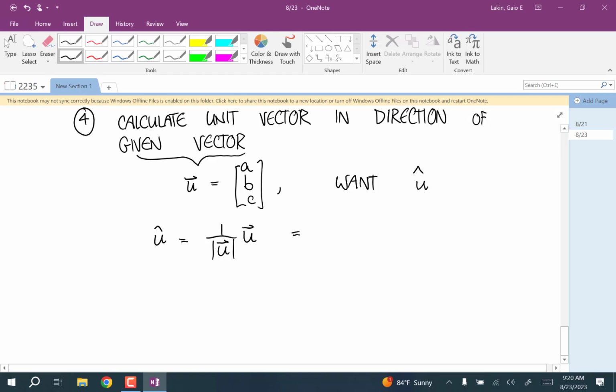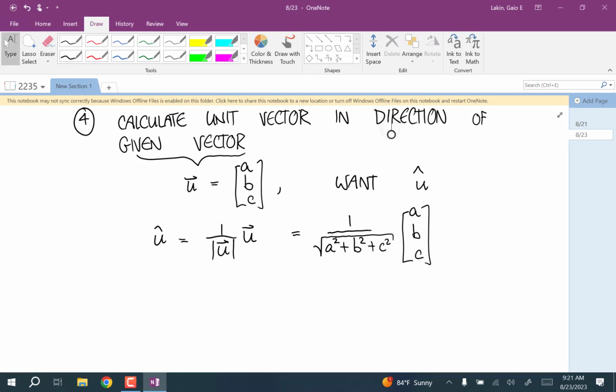In other words, since our vector has components A, B, C, you can calculate this unit vector as 1 over the square root of A squared plus B squared plus C squared times the vector components A, B, C.